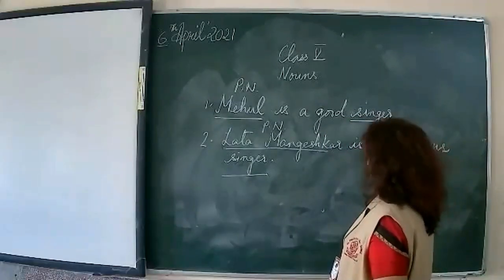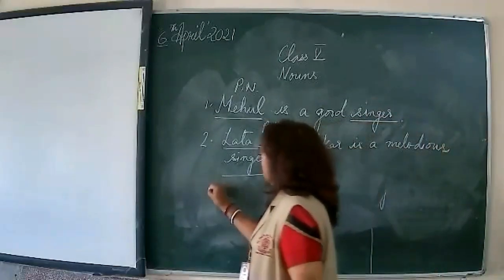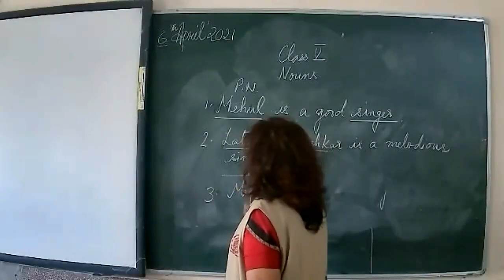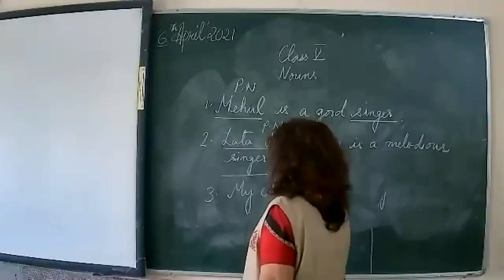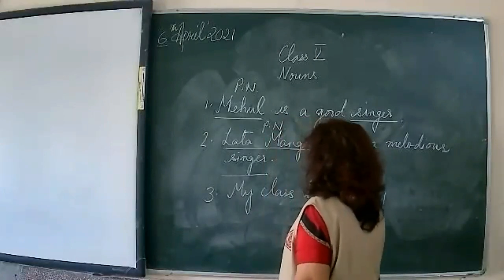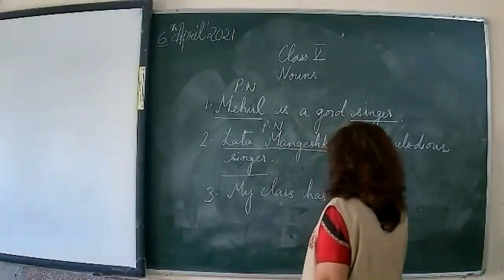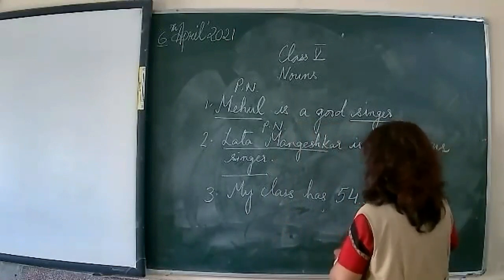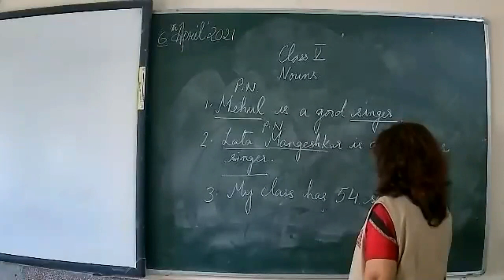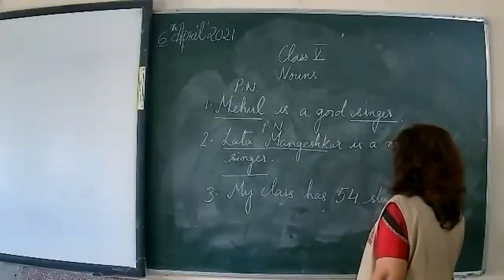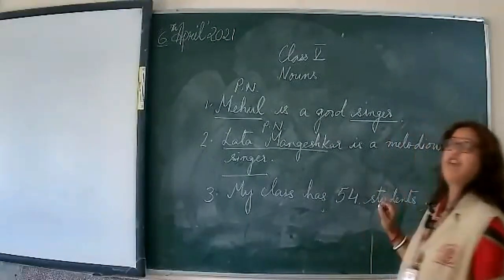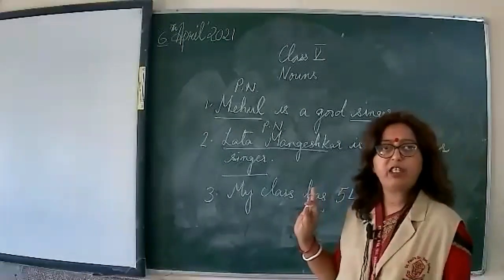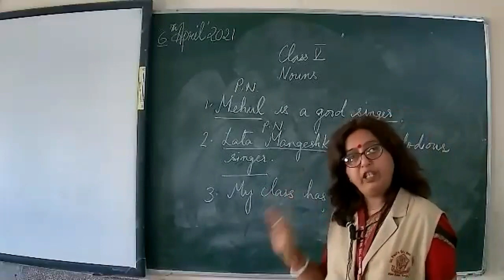Suppose I take one more example, it will be more clear. My class has 54 students. Now children, you're talking about your class, but are you mentioning any particular class?